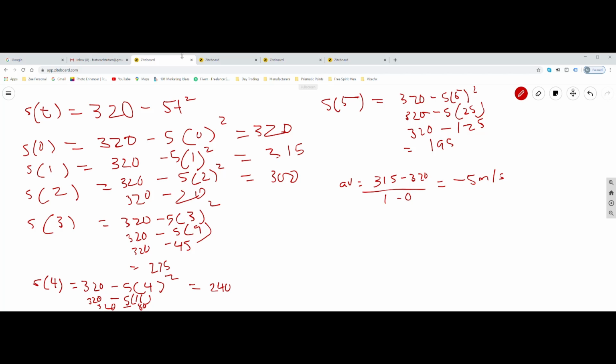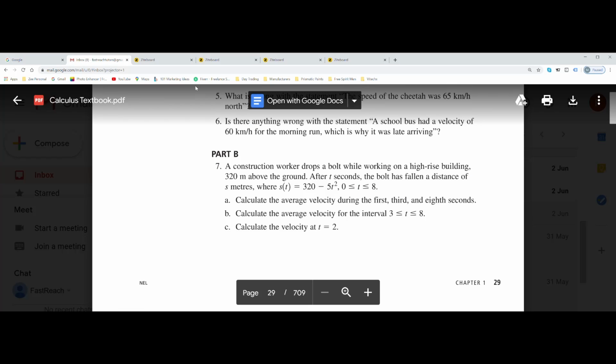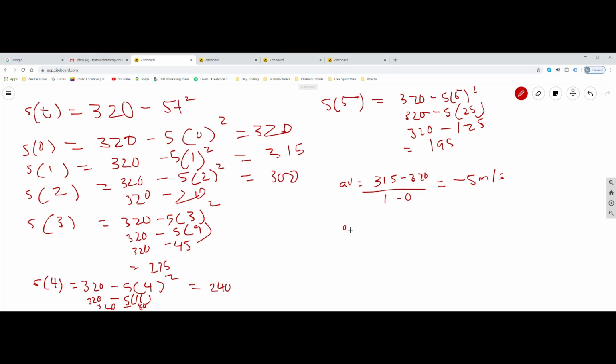Okay, now it's asking for the third second. So we have to look at the third and the second. So this is for the first. Okay, so average velocity at the third. What is it at the third? It's 275 minus what it was at 2 seconds.